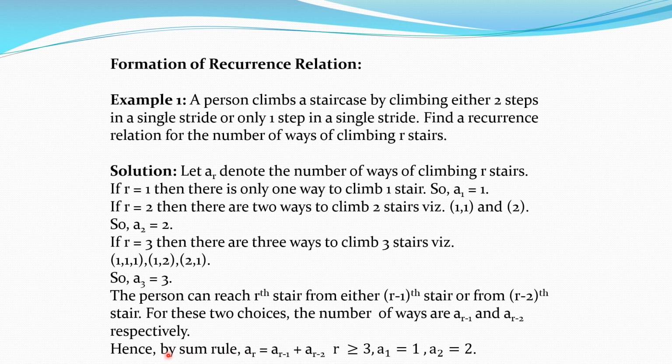We can find from A3 onwards all the terms, but for that A1 and A2 must be given, which we have calculated: A1 is 1 and A2 is equal to 2. From A1 and A2 we can find A3, and once we get A3, from A2 and A3 we can find A4 and so on. So the recurrence relation is AR equals A r minus 1 plus A r minus 2 for r greater than or equal to 3.